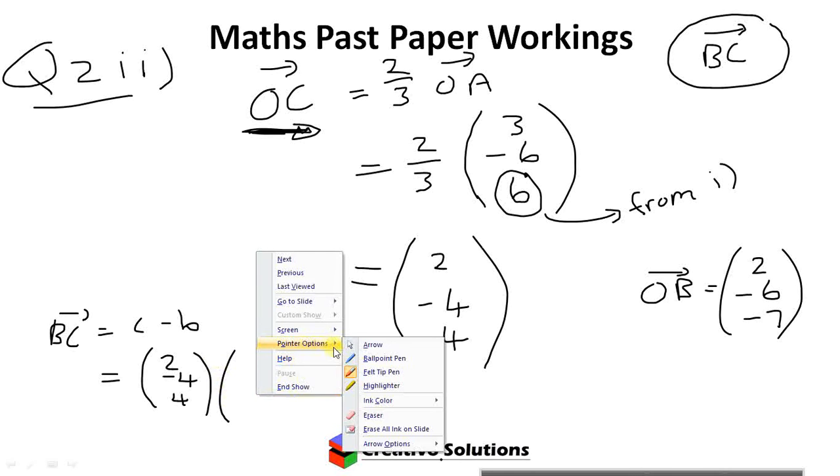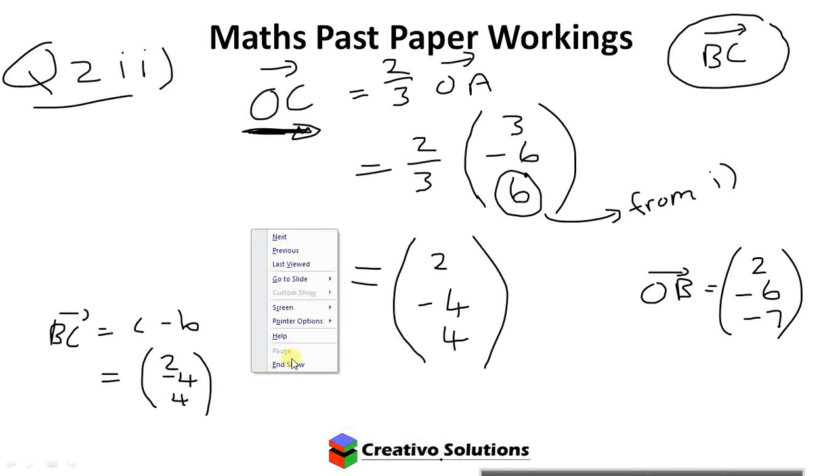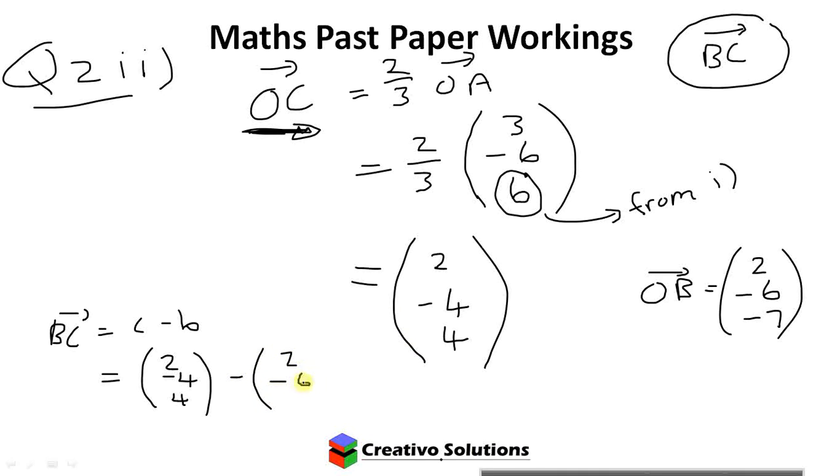Put a minus in between. Okay, 2 minus 2 is 0. Minus 4 minus minus 6 is plus 6, so that's plus 2. The arithmetic there, not so great. Minus 4 plus 6 is 2. And then minus and minus plus is 11.